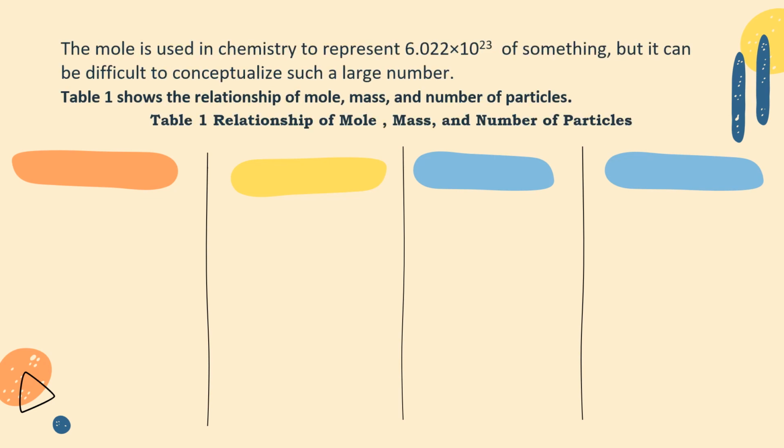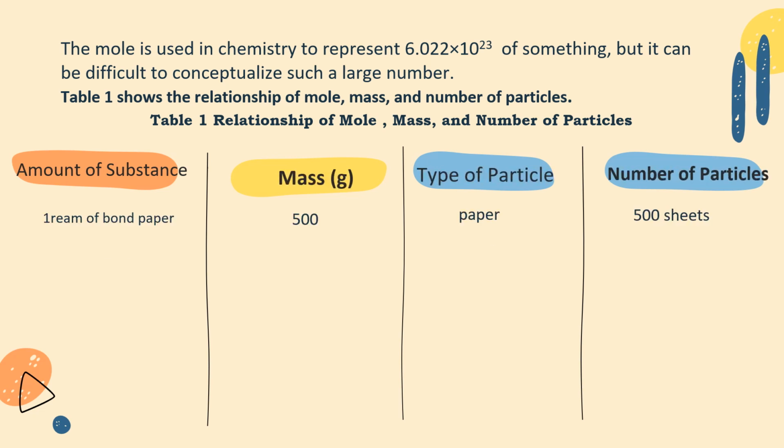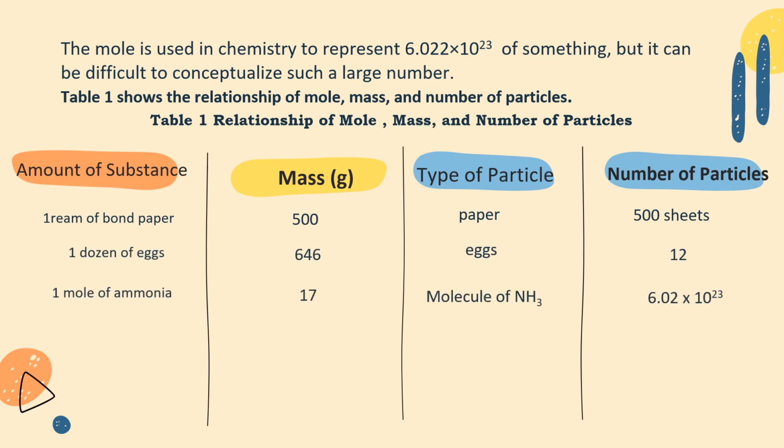The mole is used in chemistry to represent 6.022 times 10 to the 23rd of anything, but it can be difficult to conceptualize such a large number. So we have here a table to show the relationship of mole, mass, and number of particles. You have the amount of substances.